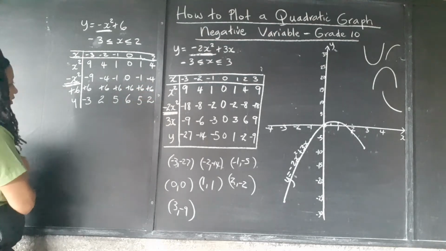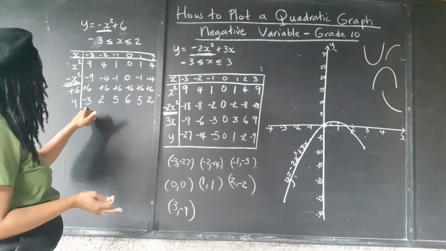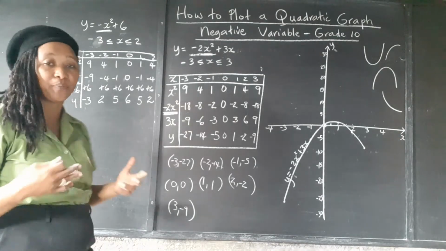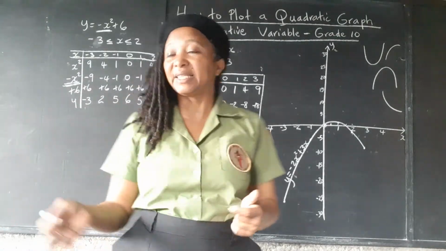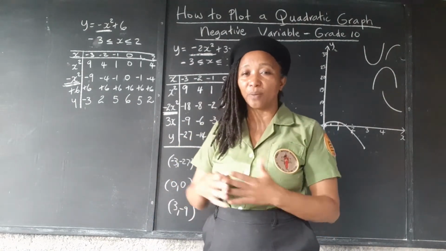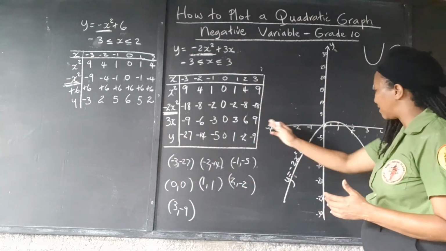So let's quickly plot our graph. I'm noticing we have only one negative term here. So what this tells me is I can manipulate my graph. Since I have only one negative term, or if you only see a couple of negative terms and a lot of positive terms, you don't have to draw your graph dead center.